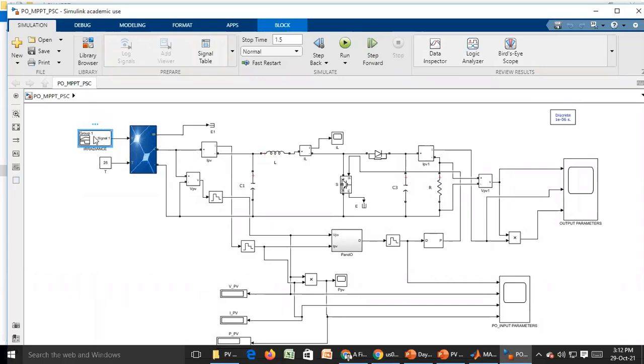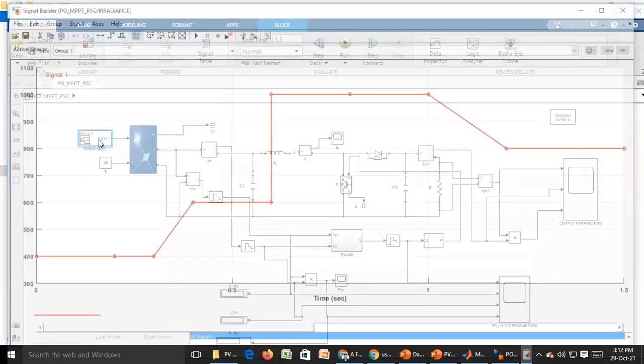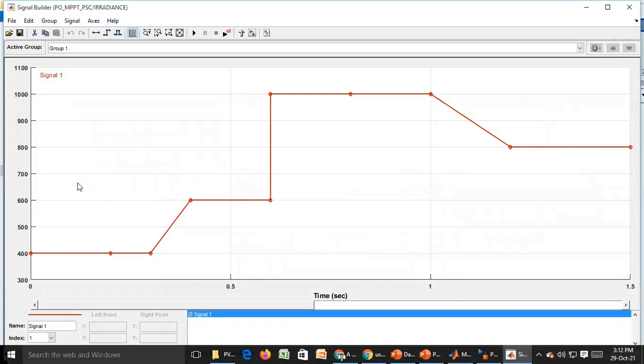So what I did in the irradiance, this is what I have considered.